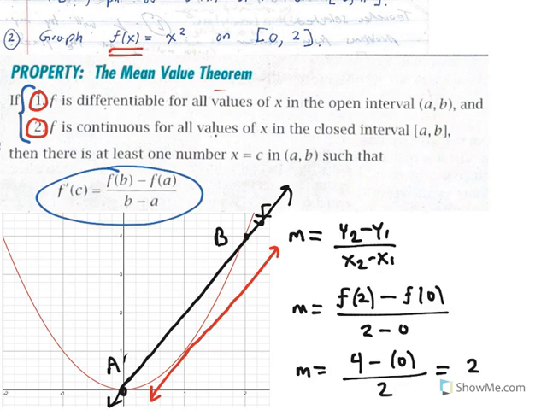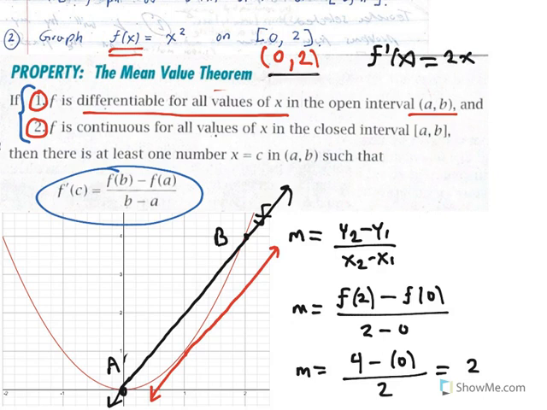So if you know that the function f is differentiable for all values of x in the open interval from a to b, for us the open interval will be from 0 to 2, do we know that this function f is differentiable for all values of x on the interval from 0 to 2? The derivative of the function is 2x, which is defined for all values of x on this interval. So this condition is satisfied from the two hypotheses of the mean value theorem.